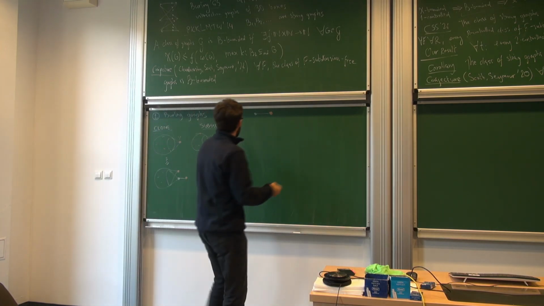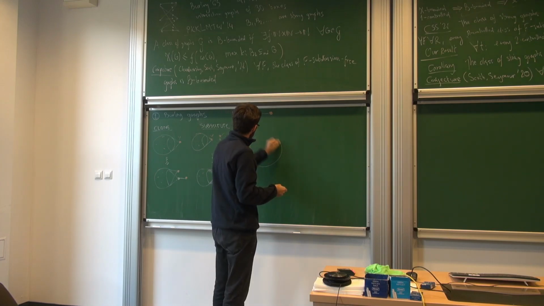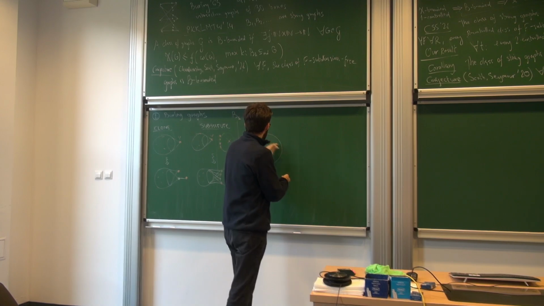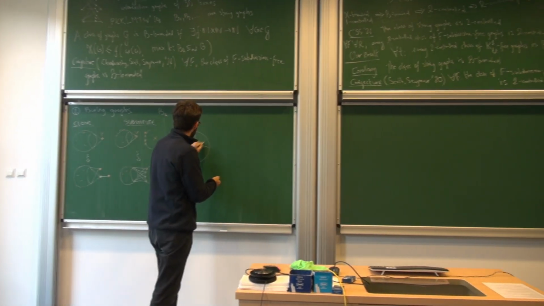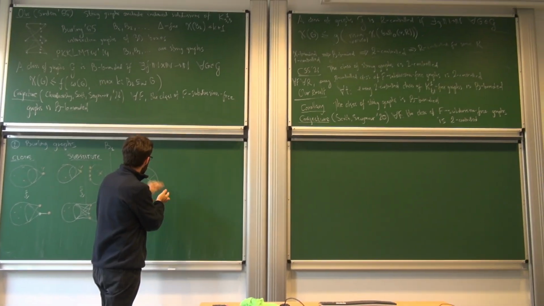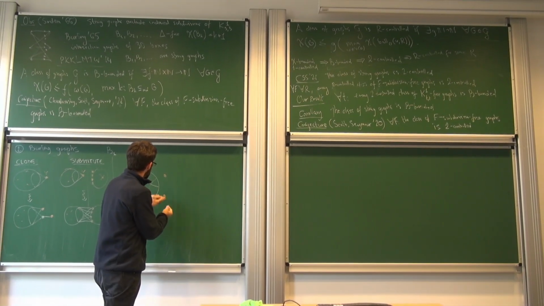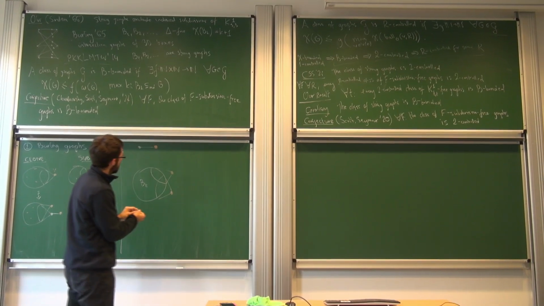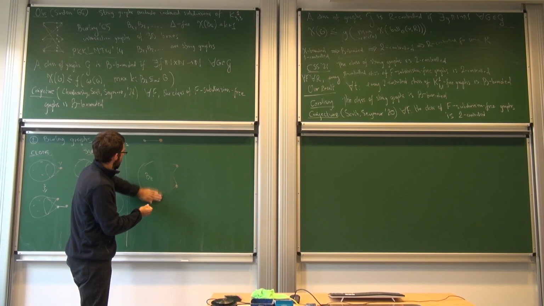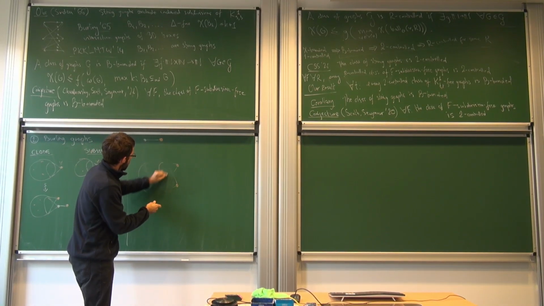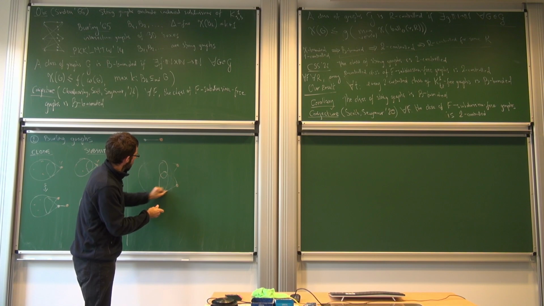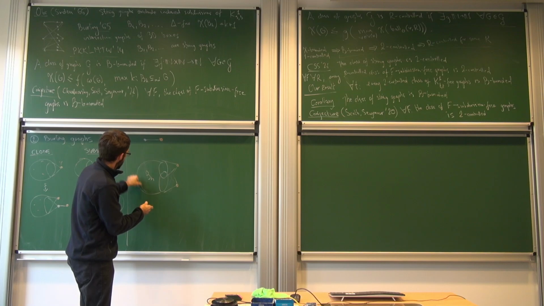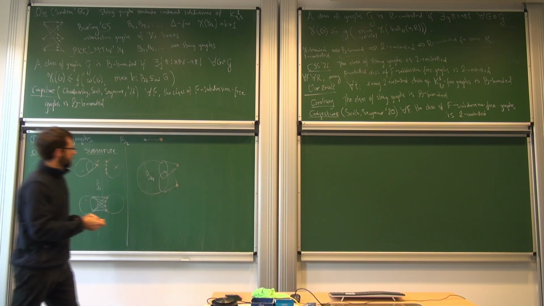Okay, so we take BK, and for the purpose of the example, let me just assume that it has two marked vertices because it will be easier to draw the example this way. The first set, second set of vertices, and the rest of BK. Okay.